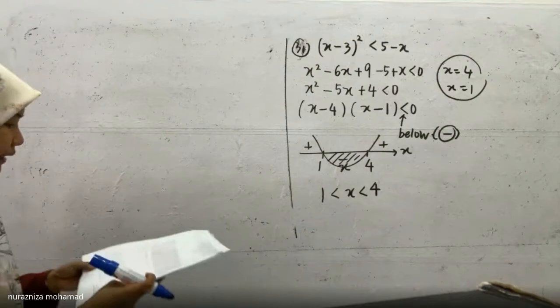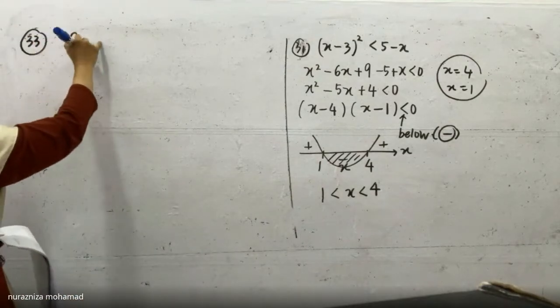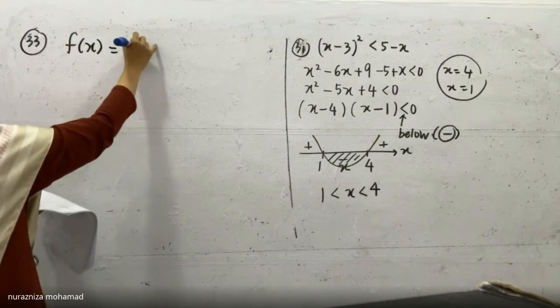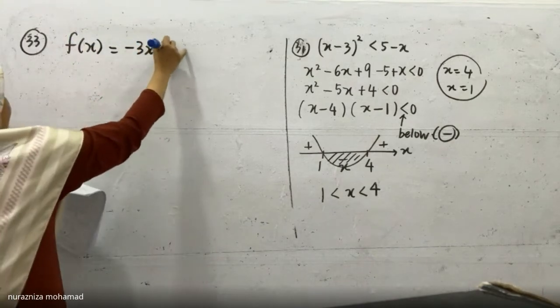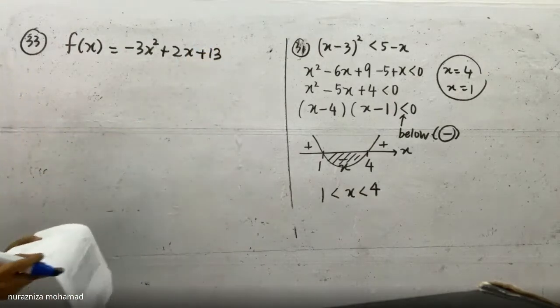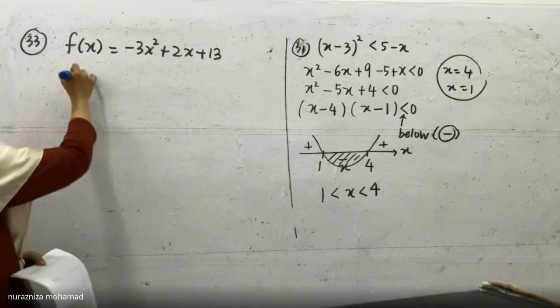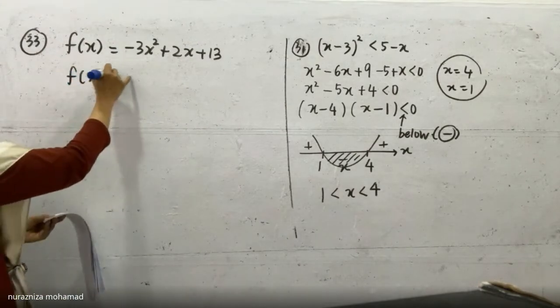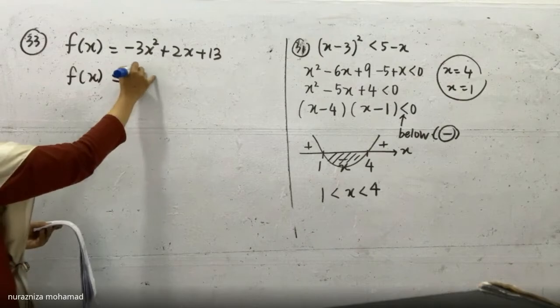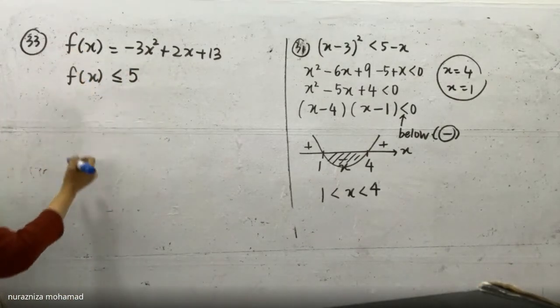Given f(x) equal to -3x squared plus 2x plus 13, find the range of values of x for f(x) is less or equal to 5. Okay, now we have two pieces of information here.